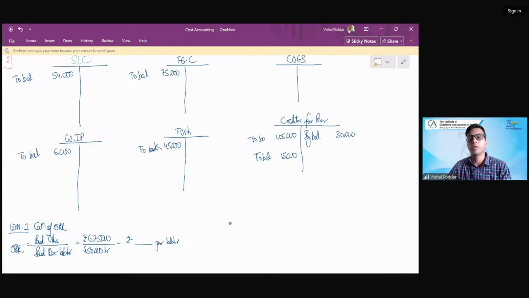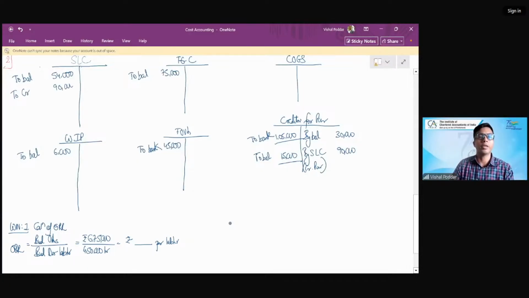So it will be to bank. Correct? Now, if you are given payments and closing, again, following the single entry approach, I will find the missing value, which is my credit purchases, right? How much does it come to? It is coming to 90,000. So to creditors, 90,000.